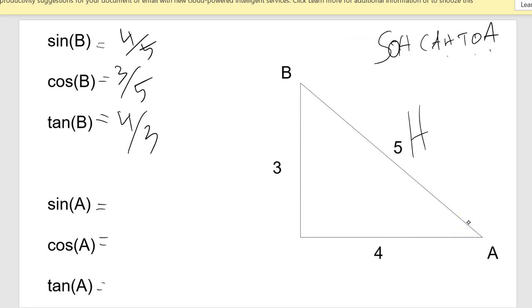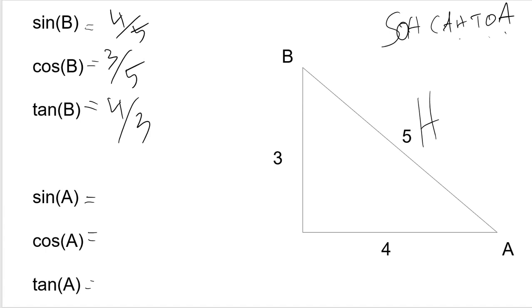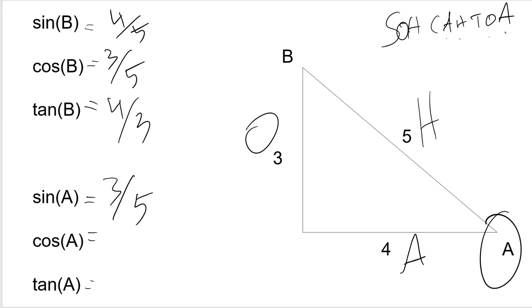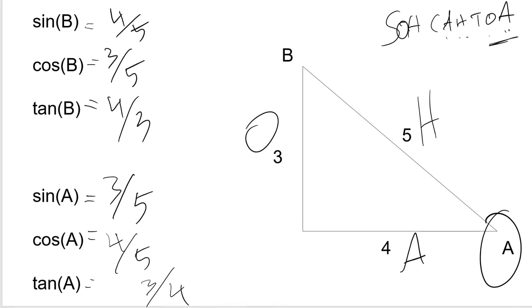Now I'm going to circle A, because these next three are sine of A, cosine of A, and tangent of A. Now this is going to be opposite, and this is going to be adjacent. So sine of A is 3 over 5. Cosine of A, which is A and H, is 4 over 5. And lastly, tangent of A is O over A, which is 3 over 4.